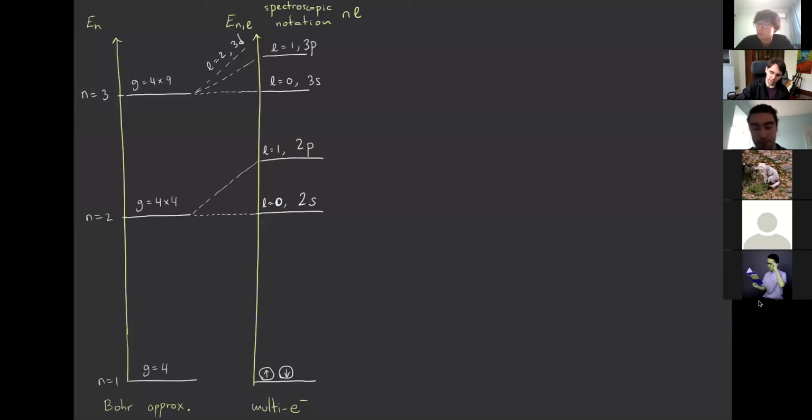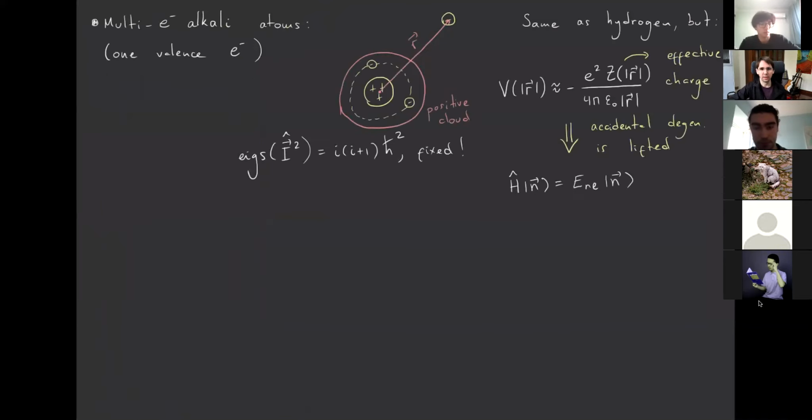But we have even more lifting of degeneracies, and in particular, because the Hamiltonian that we have written, the Coulomb potential only, so this Bohr approximation, is not exact, it's not an exact Hamiltonian, but you have corrections.